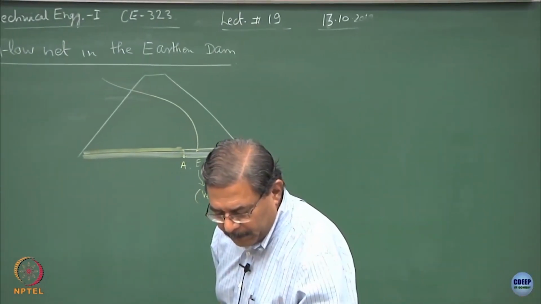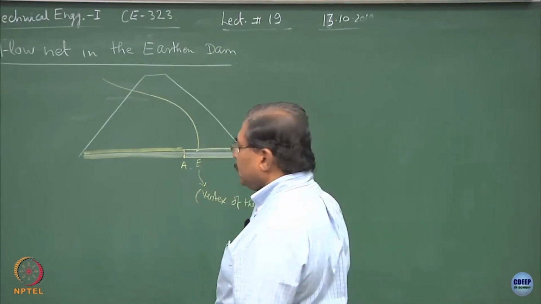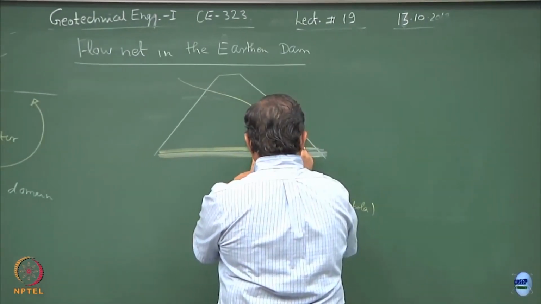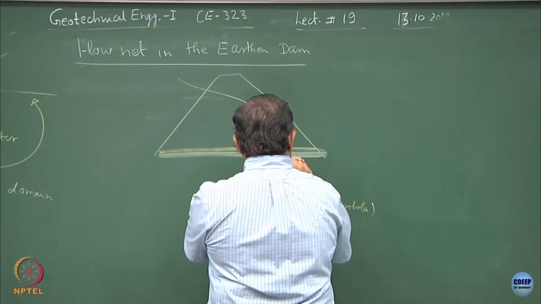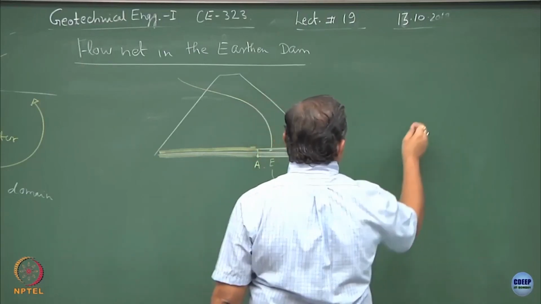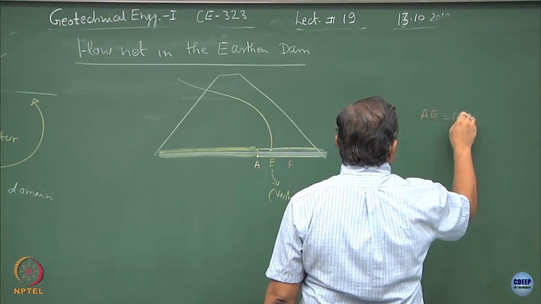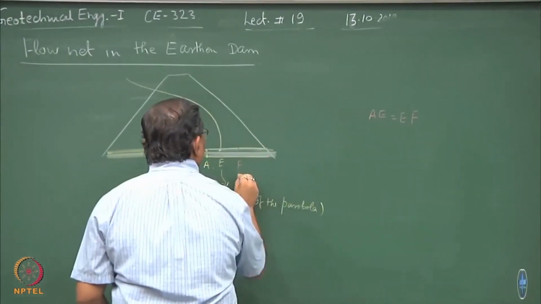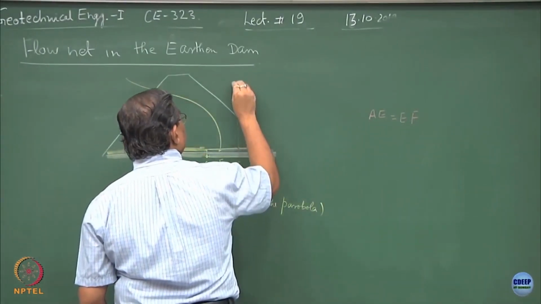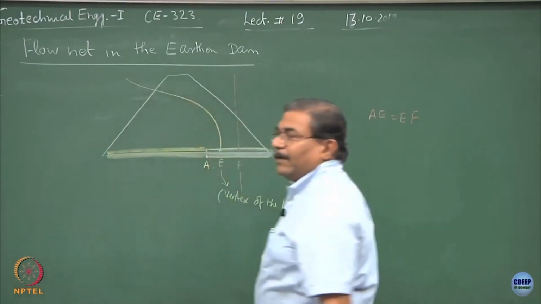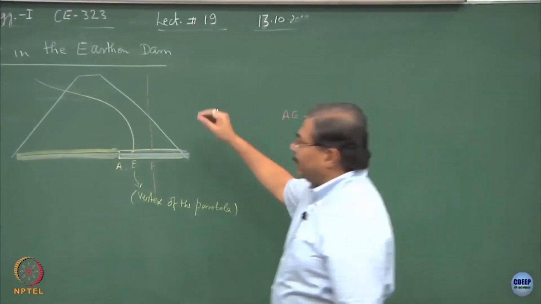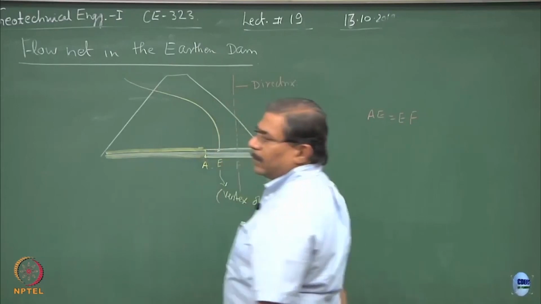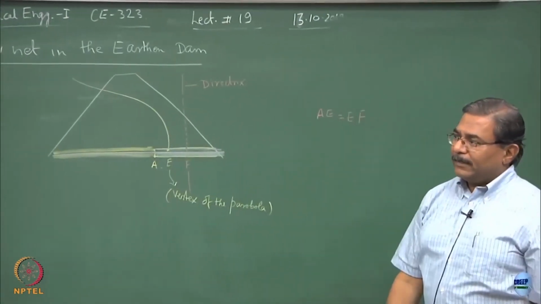Now, if you use the concepts of geometry, it so happens that AE is always the mid of, suppose if I take F point, where AE is equal to EF, and if I draw a line which is perpendicular to the surface, what this line would be? This will be the directrix. Clear? And you know the property of the directrix.